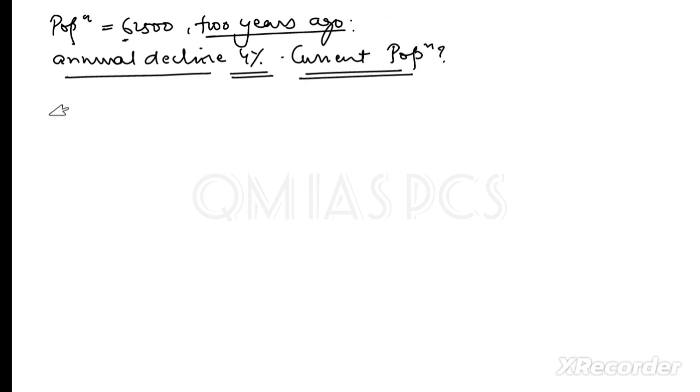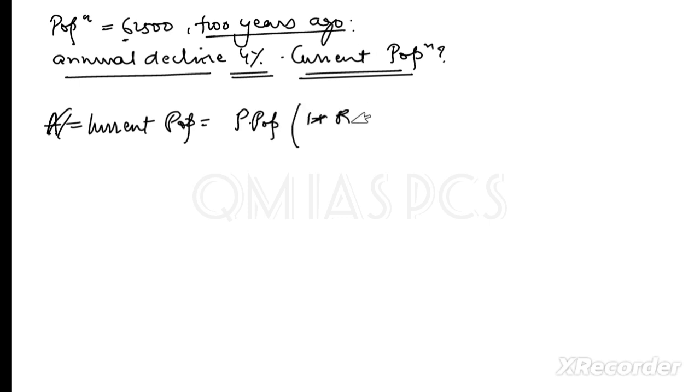We can calculate: the current population will be the previous population times 1 minus r divided by 100, to the power of time t.